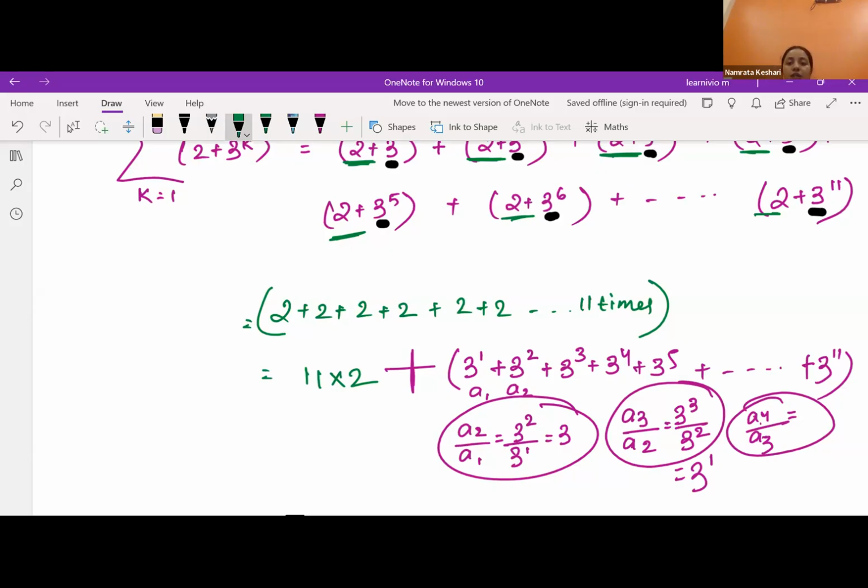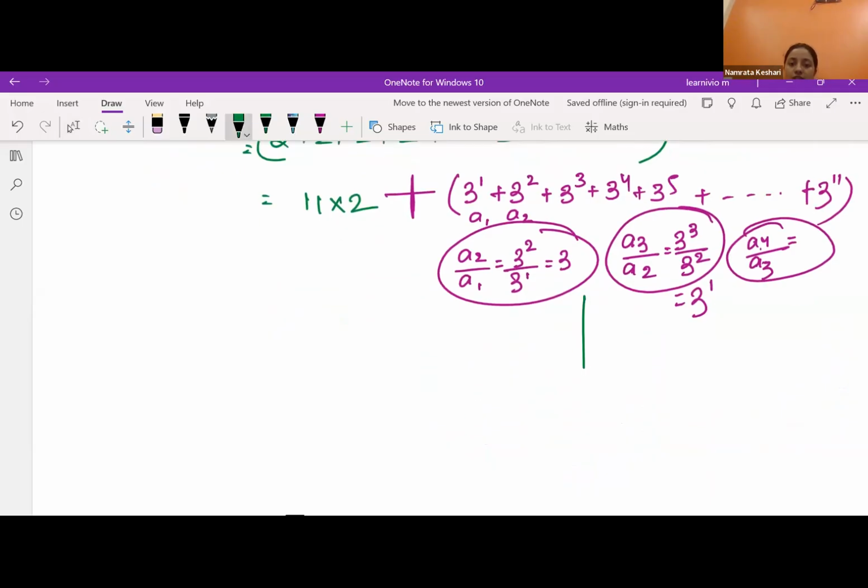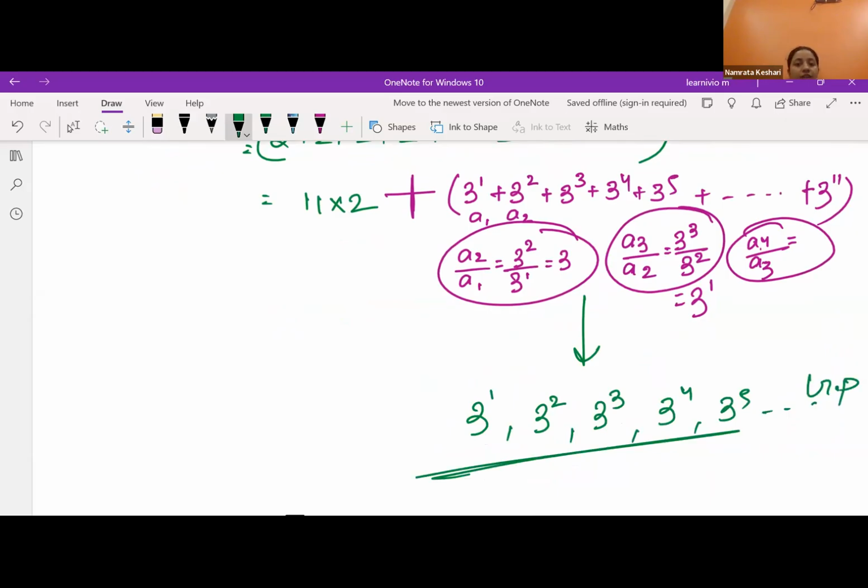It is in GP, you can check it. 3 to the power 1 plus 3 to the power 2 plus 3 to the power 3. This is a series associated with the sequence. Actually, the sequence is 3 to the power 1, 3 to the power 2, 3 to the power 3, 3 to the power 4, 3 to the power 5. This is a geometric sequence, and the series associated with it is given to us in front of us, right?